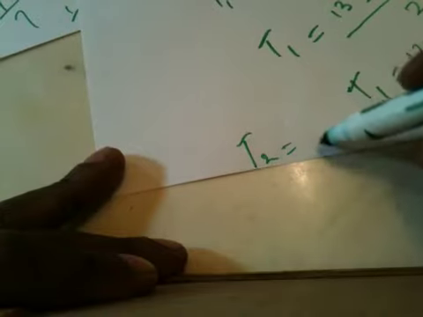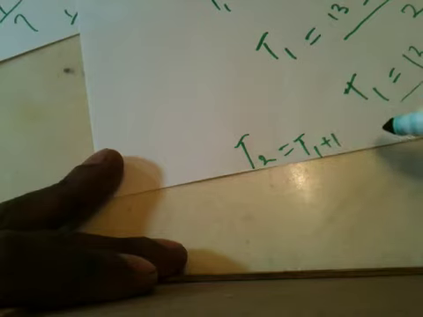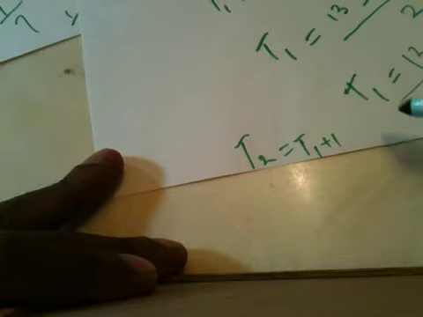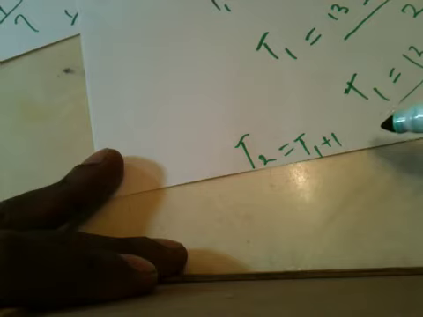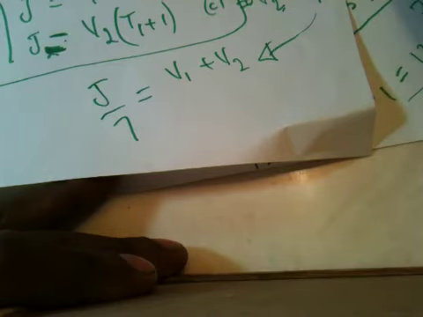T2 is equal to T1 plus 1. I have T1 from this formula, and the other root will be negative, so I don't even bother calculating it because it will be negative anyway. So I just go ahead and find T2. According to what we said earlier in this paper, T2 was T1 plus 1.